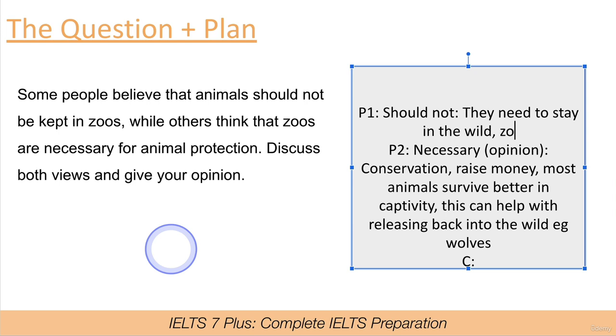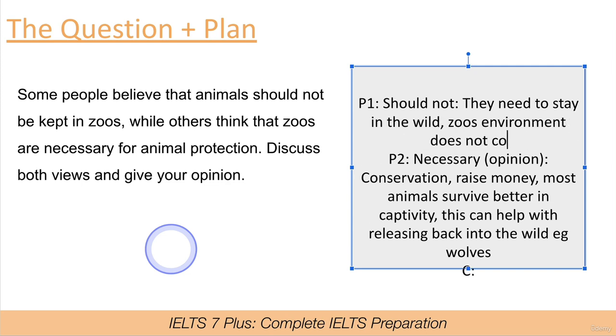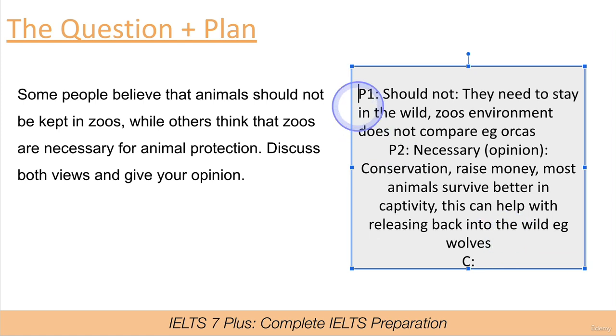A zoo's environment does not compare to the wild environment. For example, the orcas in SeaWorld, their tank is far smaller than it should be, and they are visibly quite distressed there.